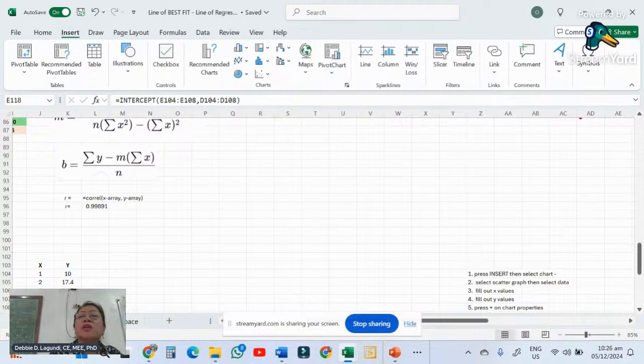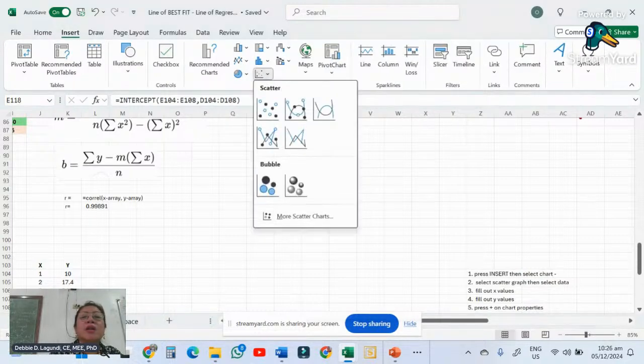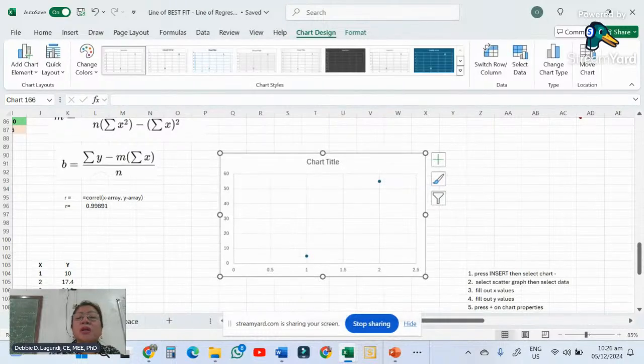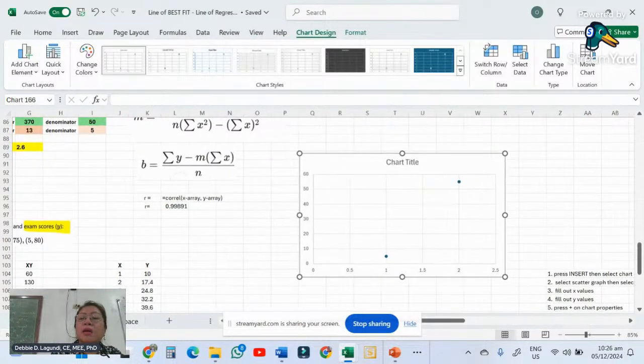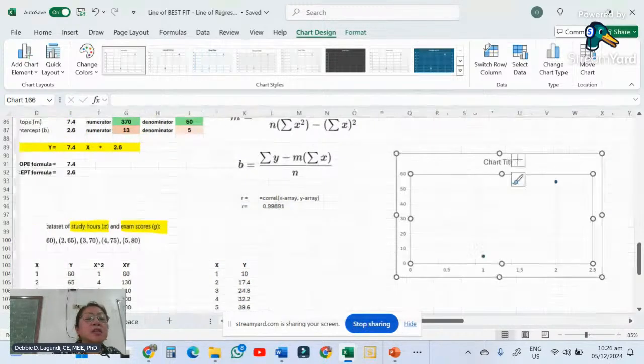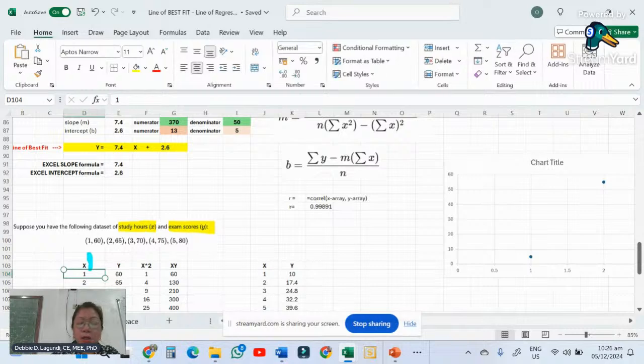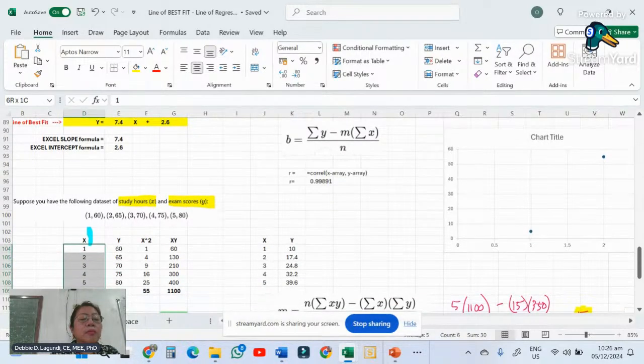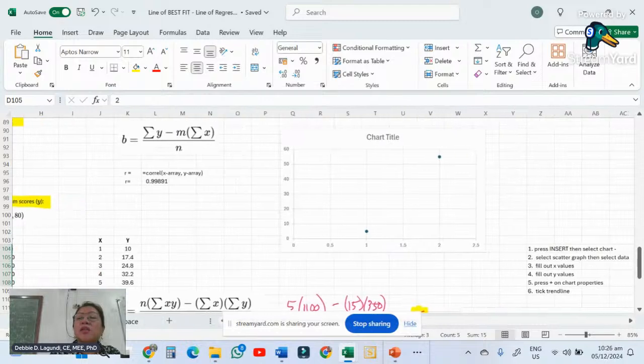So insert, we have chart, we have the first one, the first dot, and then you go to the plus, you go to the axis, you go here, enter, and then you go to the Y series.